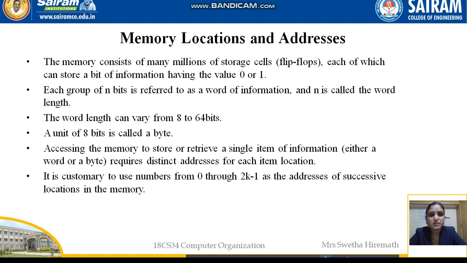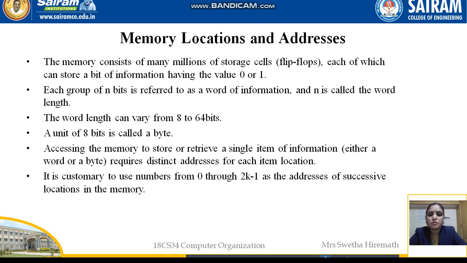How many bits are used to form one word is nothing but the word length. The word length may vary from 8 bits to 64 bits. A unit of 8 bits is called a byte.